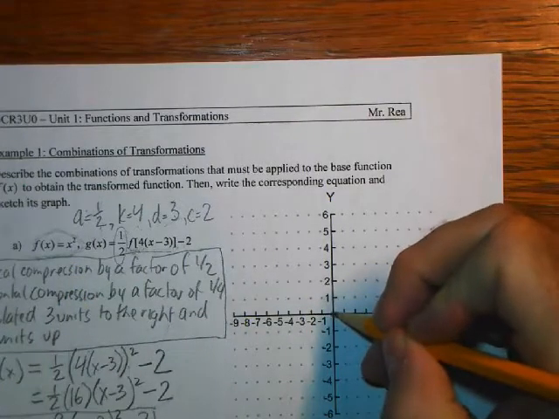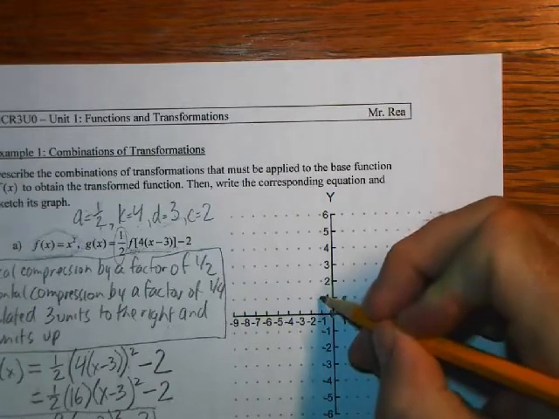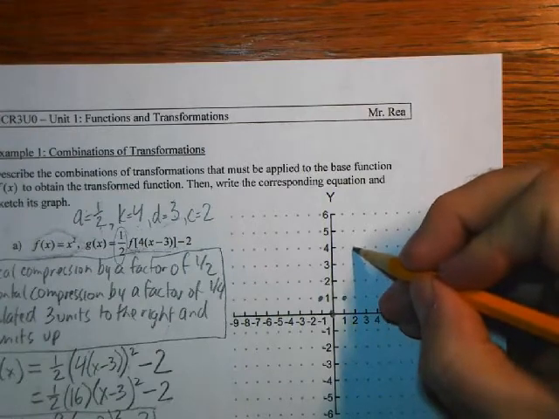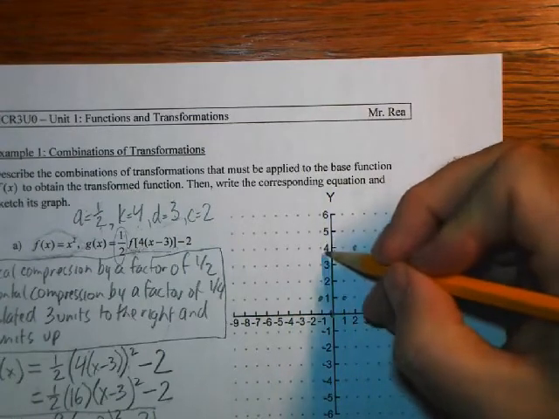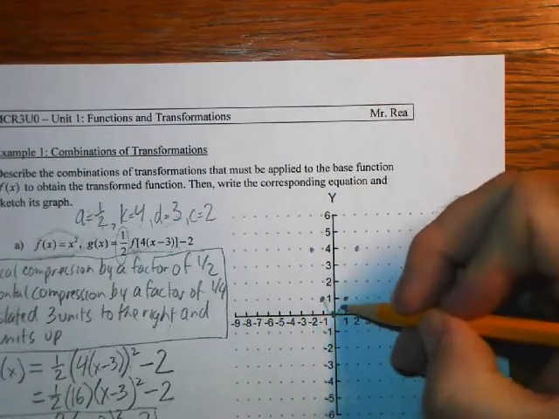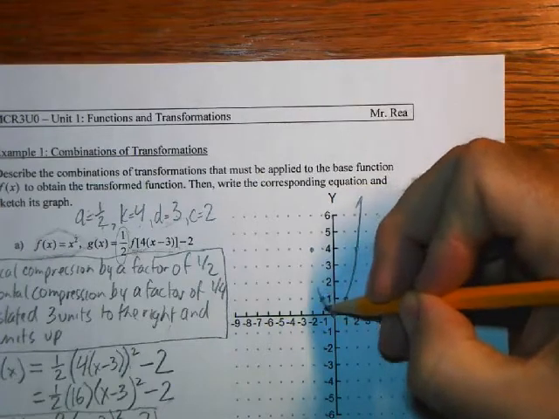So if I remember my base points, 0, 0 is the vertex. I have these 1, 1 and negative 1, 1. And then I have 2, 4 and negative 2, 4. Okay, so this is my f of x function right here. Try to make it as smooth as possible.